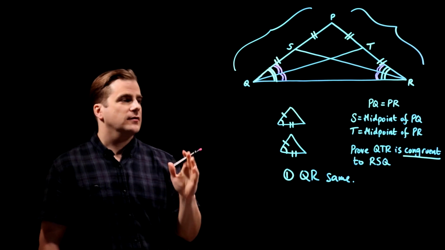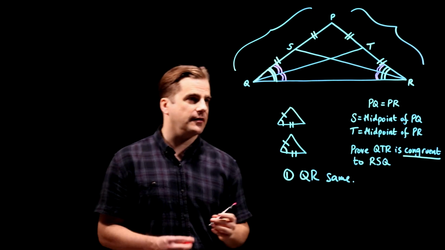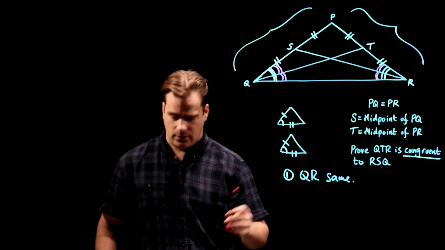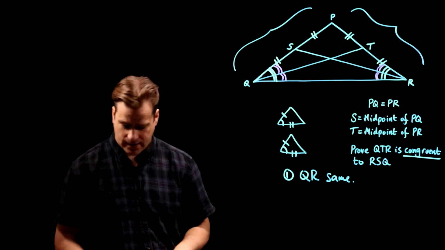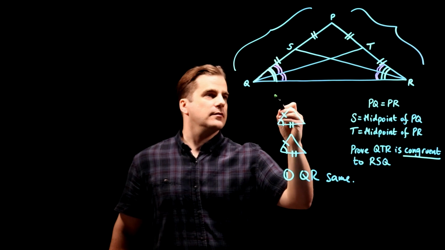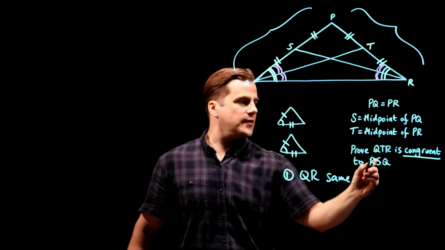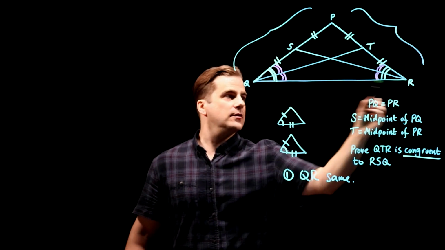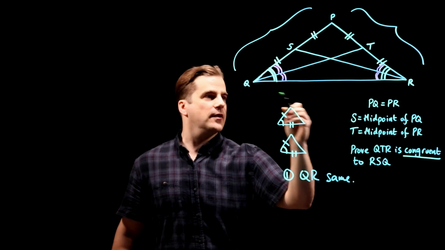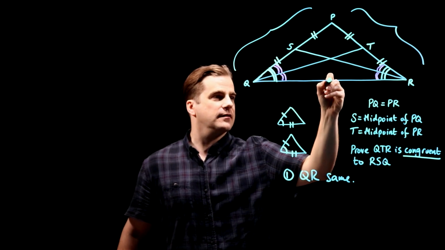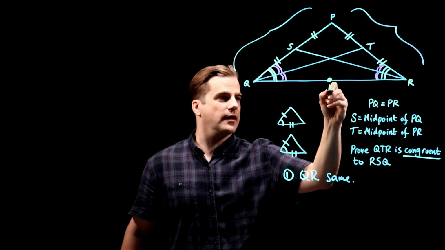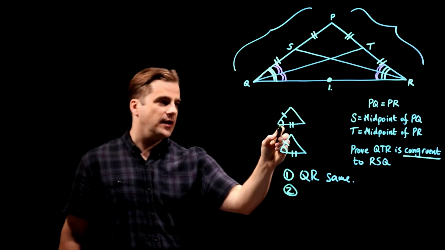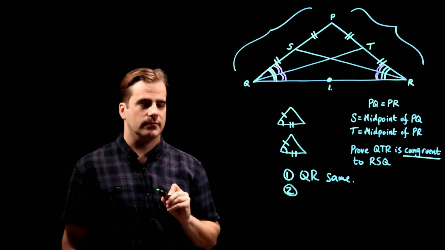Okay, so we've done it. We've proved congruency. Because we know that QTR, this triangle, and RSQ, they both have this side here. That's the same, it's point one, okay? Remember, for congruency, you need two sides and the angle.